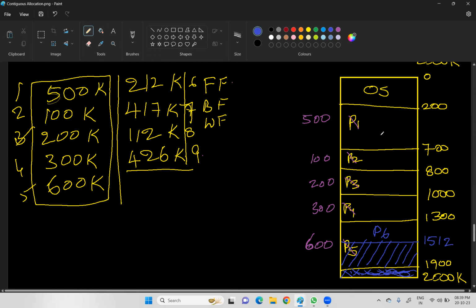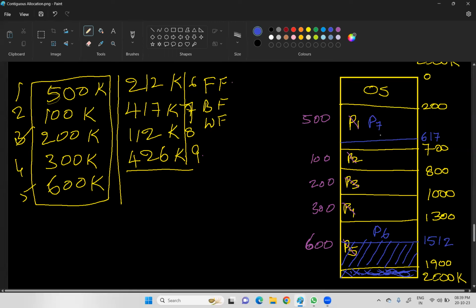One more hole was created, that is this one. So 417 in the sense it is being allocated 617. 617 is the new one which was allocated for process P7.